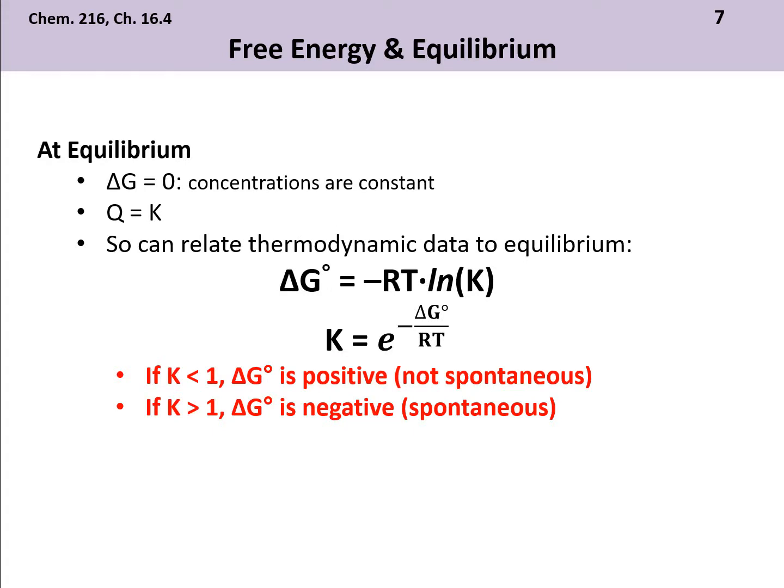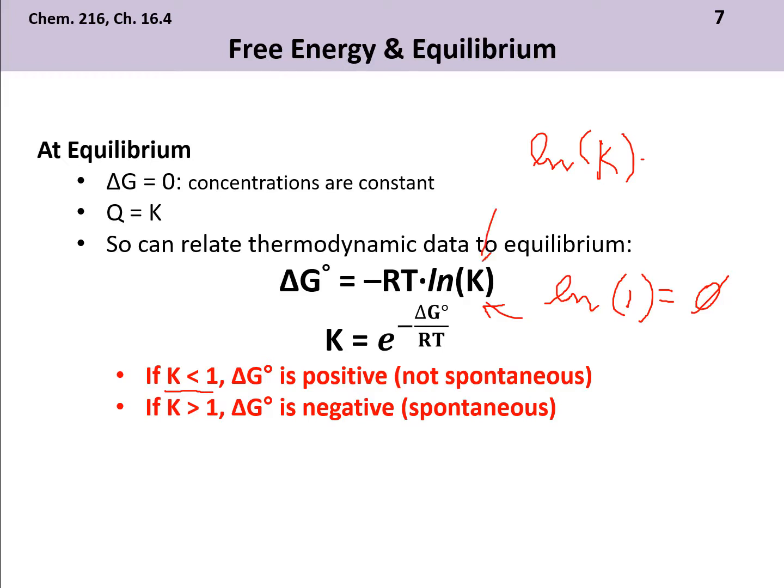All right, so if I look at the ln of K, if I ever take the ln of 1, the ln of 1 is 0. Do it on your calculator, prove that to yourself. So if I ever have ln of anything smaller than 1, let's just say K less than 1, it's going to get me a negative value.